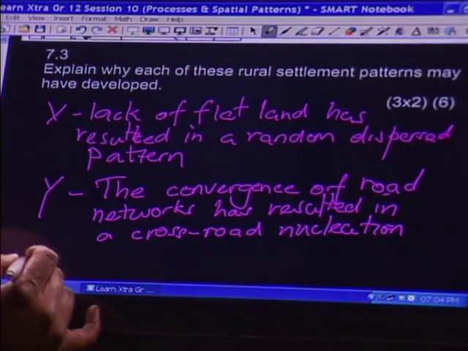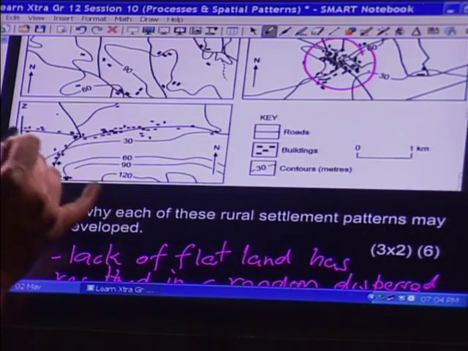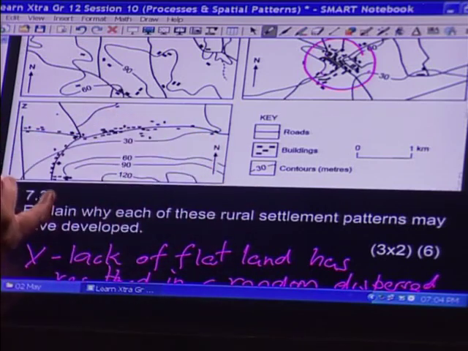Moving on to settlement Z, if we look closely at settlement Z, it is largely influenced by a main road. This could be a national road as well, where buildings have been located.